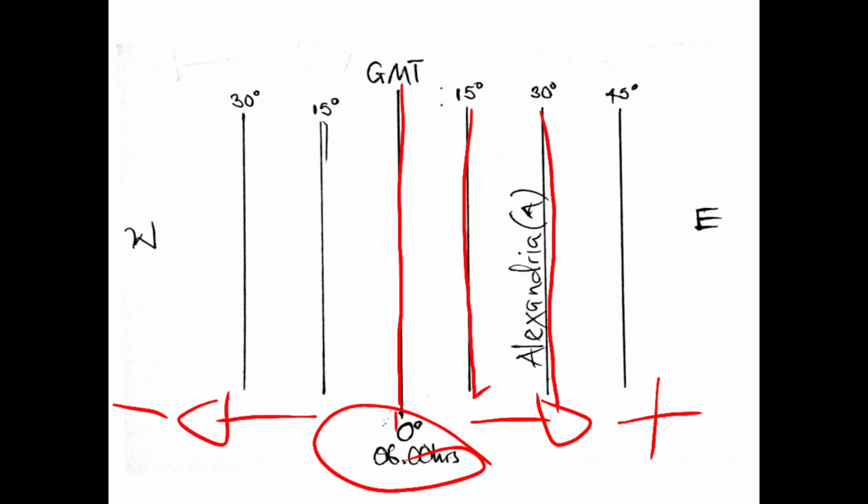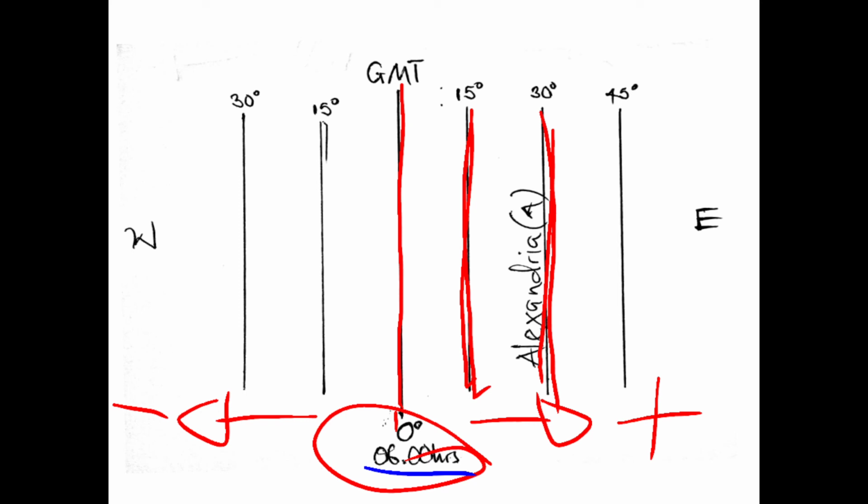From 0, you count 1 and 2, where the town is. That is 2 hours. Therefore, you just take the 2 hours that you found and add to the given GMT time, which is 06 hours. So 06 hours plus the 2 hours will be 8 hours.